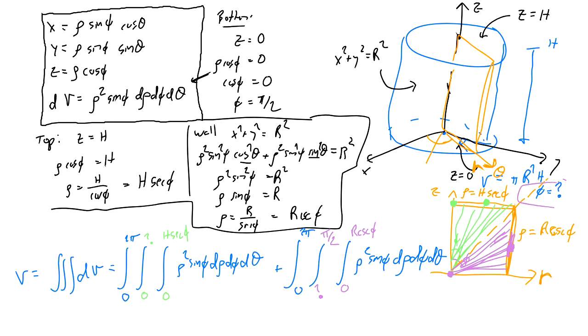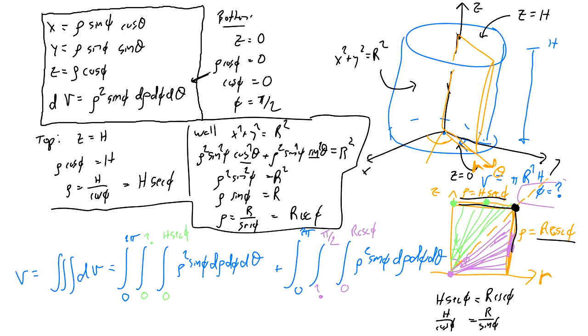Notice that this point, which I'm coloring in black, is the intersection of the top plane and the vertical wall. So let's set their equations equal to each other. h secant phi equals r cosecant phi. In other words, h over cosine phi is equal to r over sine phi.